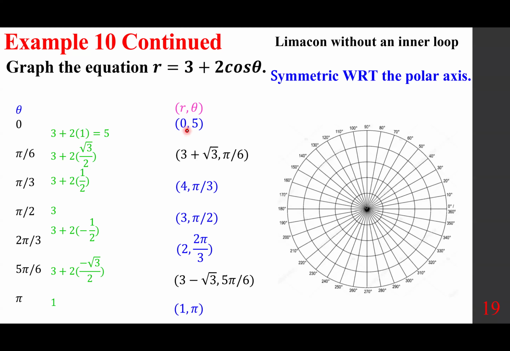R comma theta. 5, 0. This is 5, 0. I thought I put 5, 0, but let me just put that.